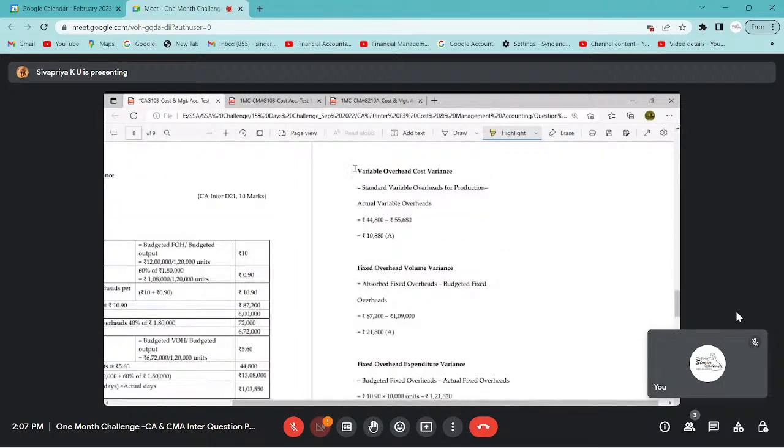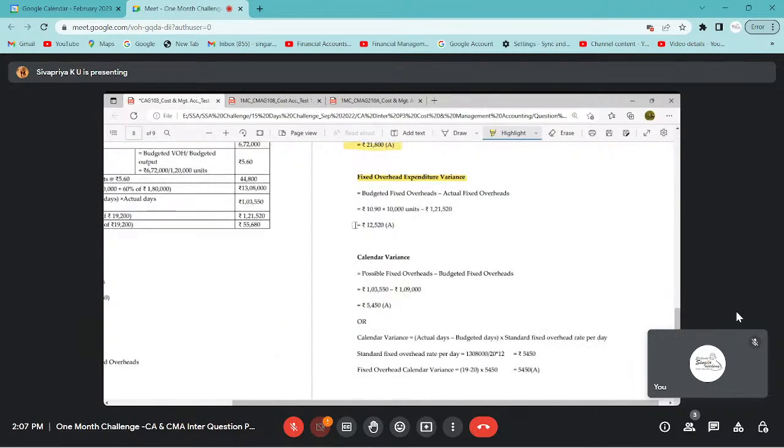Variable overhead cost variance 10,880 adverse. Fixed overhead volume variance 21,800 adverse. Fixed overhead expenditure variance 12,520 adverse. Calendar variance, we can calculate in both methods, the answer will be 5,450 adverse.